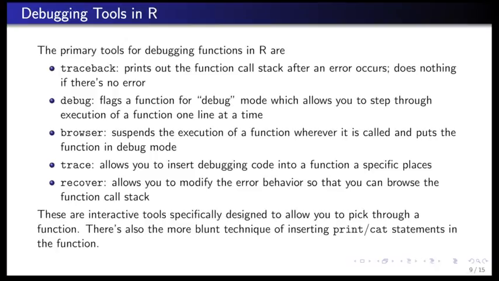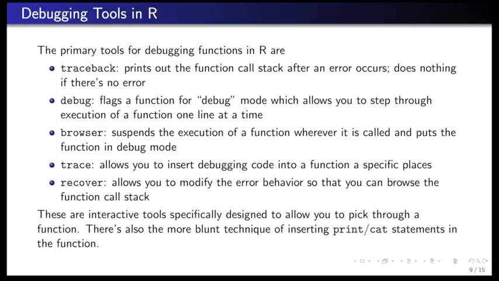And you don't want to go and edit that code because you can't find the file or whatever. So you can use the trace function, just insert a little snippet of code. And usually that snippet is just the call to the browser function. And then you can browse through that function, and then you can turn the trace off, and the function's back to normal. And then the recover function is the last function.